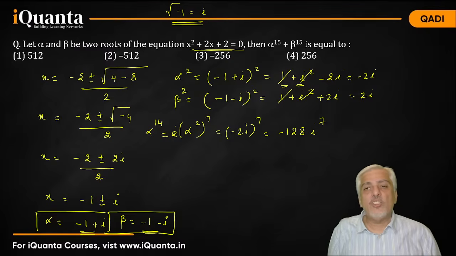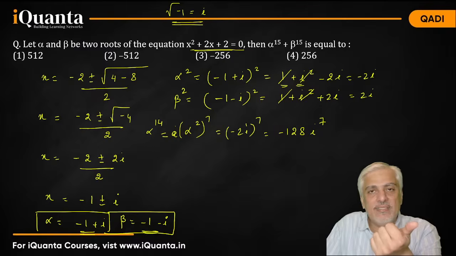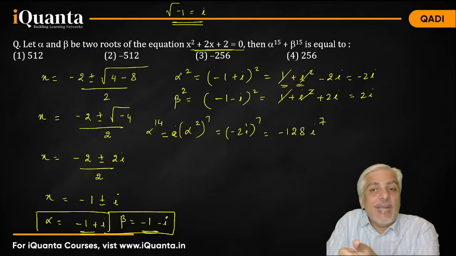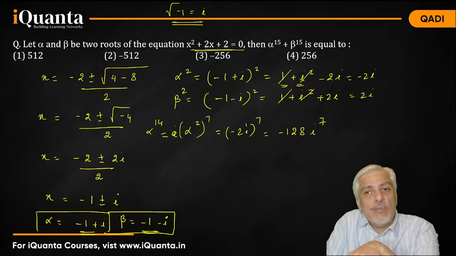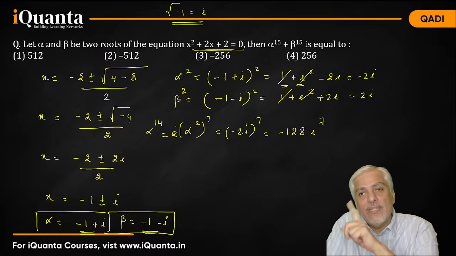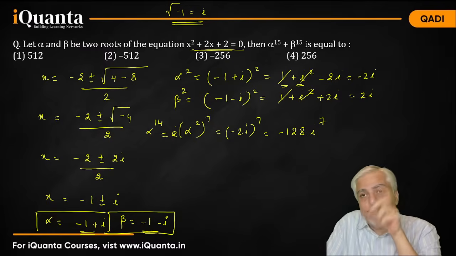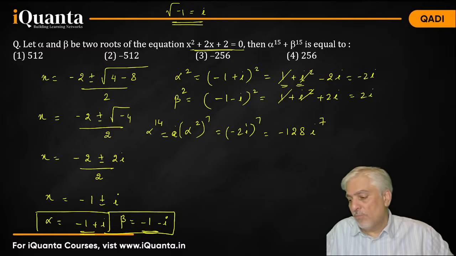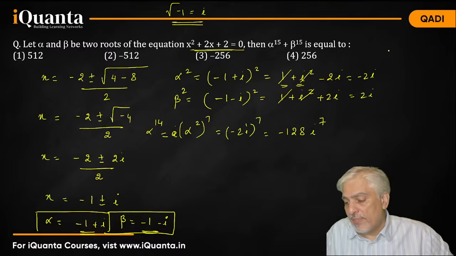What is I raised to 7? Pay attention very carefully. We should know that I square is minus 1, I cube is minus I, I raised to 4 will be plus 1, I raised to 5 will be plus I, and therefore I raised to 7 will be again minus I. So let's look at the odd powers.